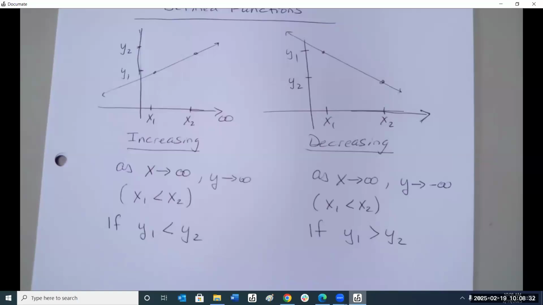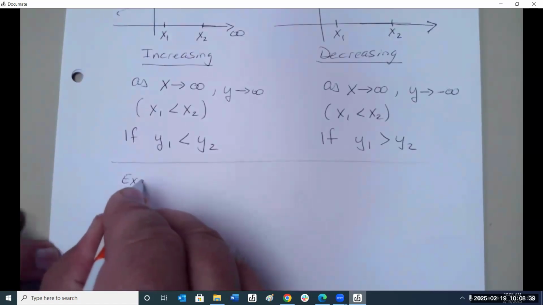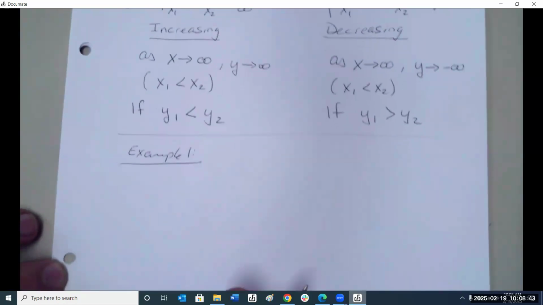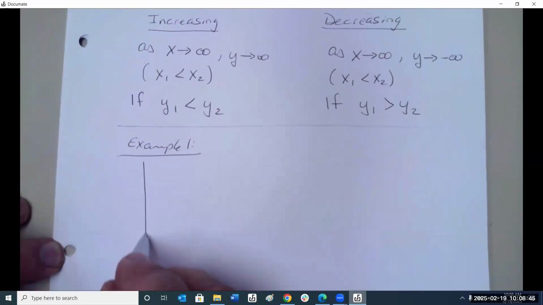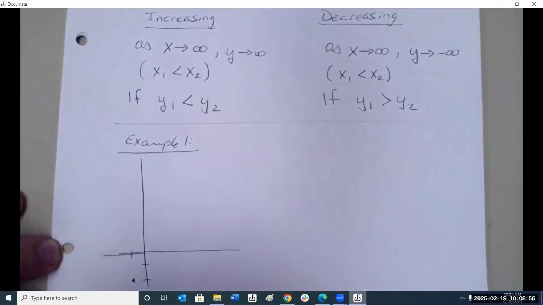Make sense? Example 1. Here's my graph. Let me draw it first.